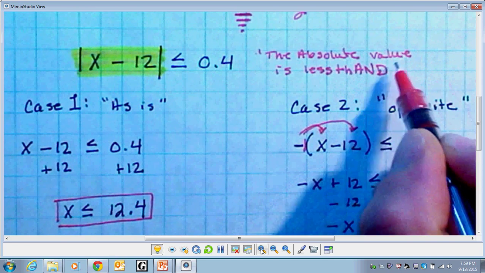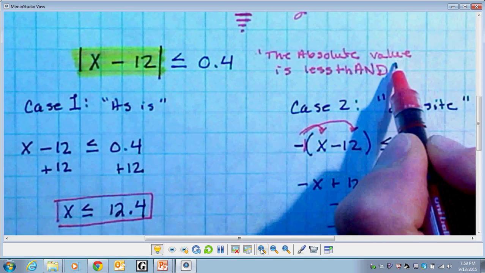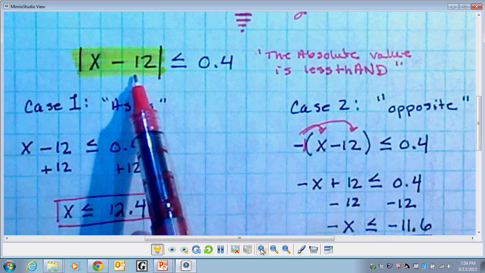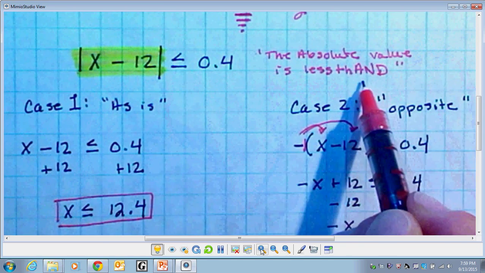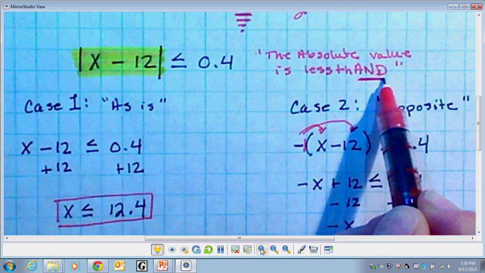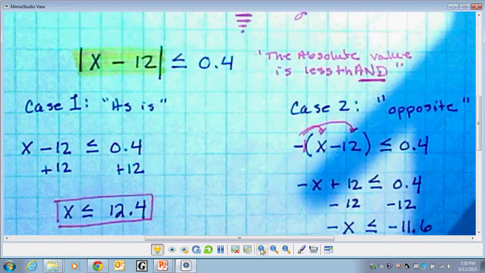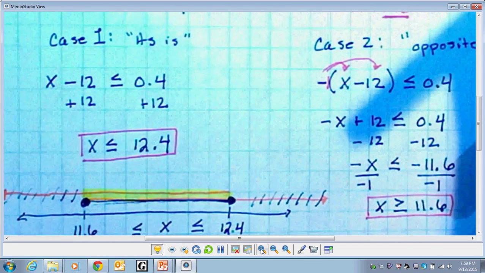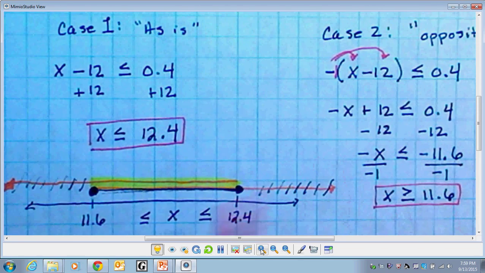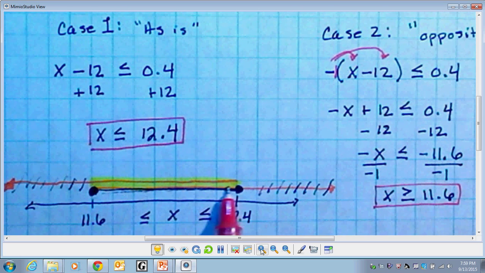And I'm just going to stop there. I don't care that it's also equal to. So when I say that the absolute value is less than, this is an and. And when we have an and problem, I'm going to say 99% of the time, because there's some exceptions, that you're going to graph it so that the points come together.